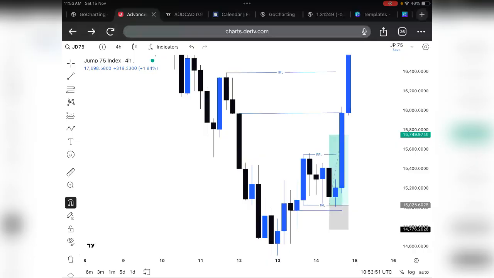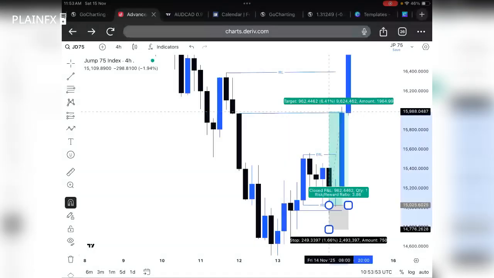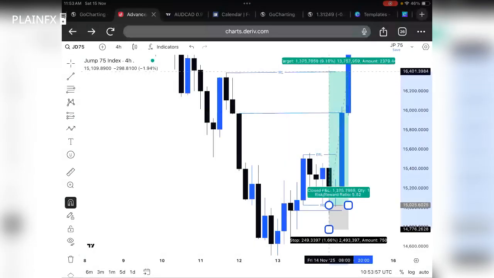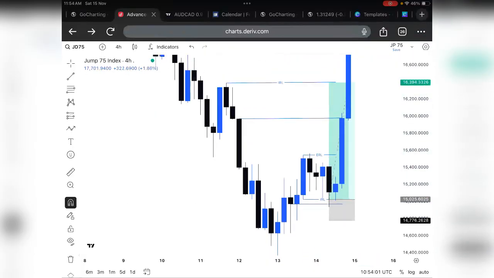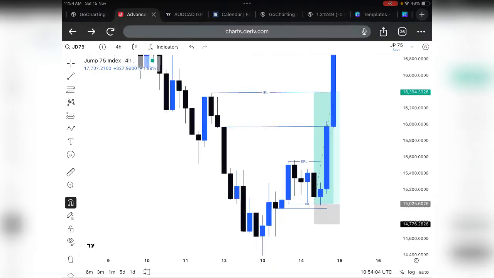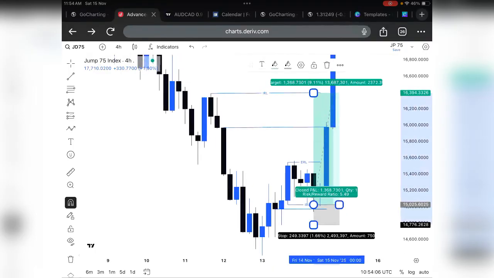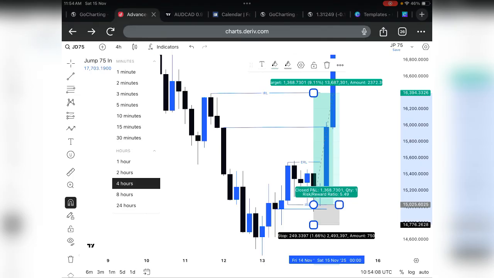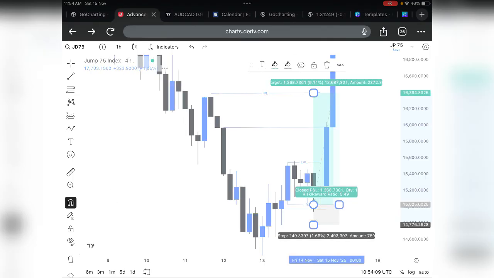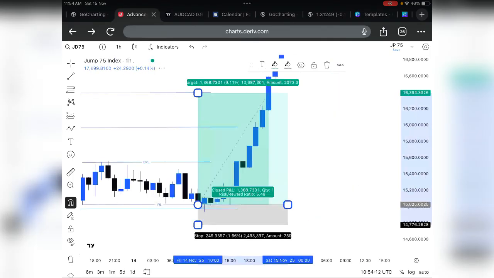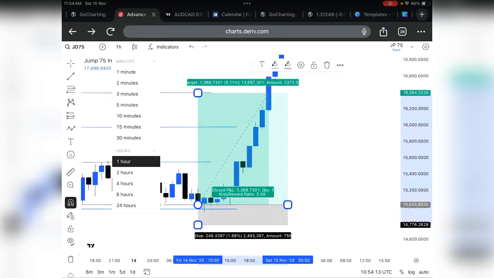So these were my targets. So this is like 5 RR, almost 6 RR, 5.5, 5.4. Okay, so this is it.